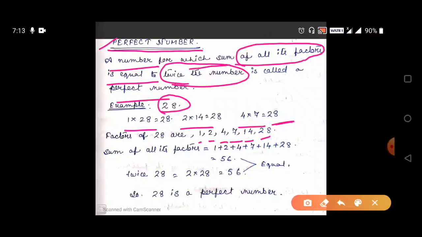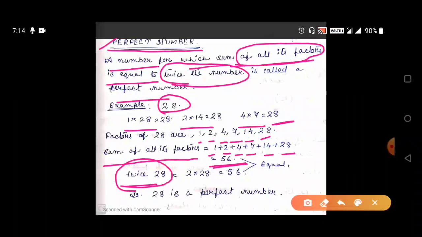Now we will take the sum of all its factors. Sum means we have to add all the factors of 28, as it is said in our definition, sum of all of its factors. So 1 plus 2 plus 4 plus 7 plus 14 plus 28 is equal to 56. Now we will find twice the number, that means twice of 28.